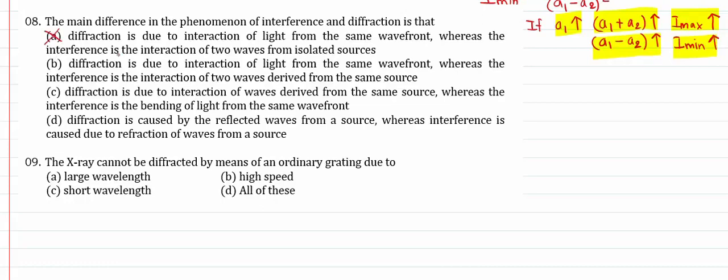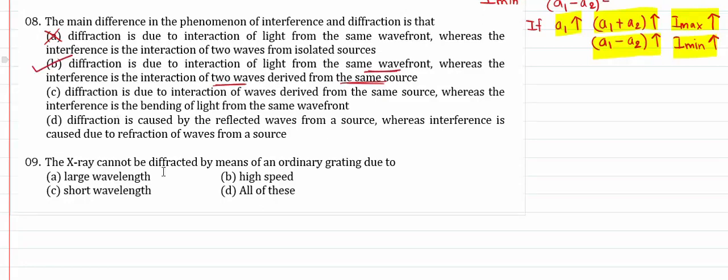This is not correct. The interference definition is wrong. Diffraction is due to interaction of light from the same wavefront, whereas interference is interaction of two waves derived from the same source. This is correct. So the interference statement is correct, and diffraction is of the same wavefront, which is correct. So option B will be the answer.